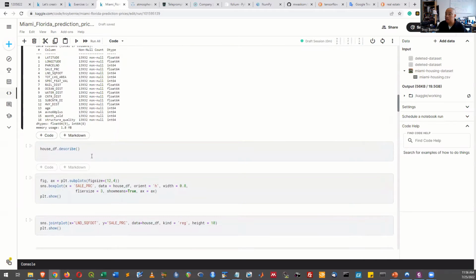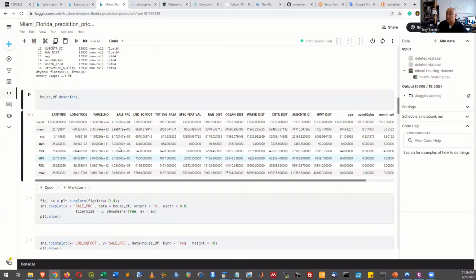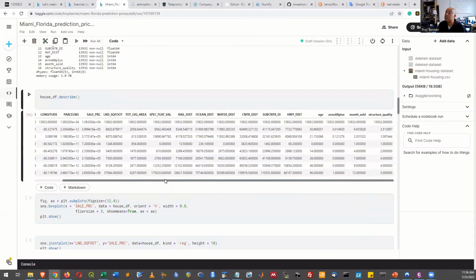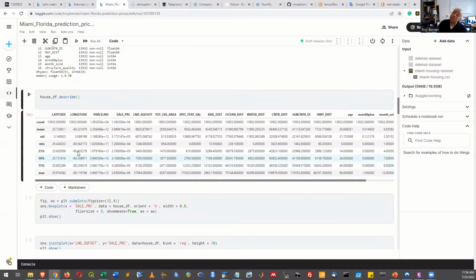And let's see the description of the data. When we say describe here, it provides the descriptive statistics. And what do we mean by descriptive statistics?